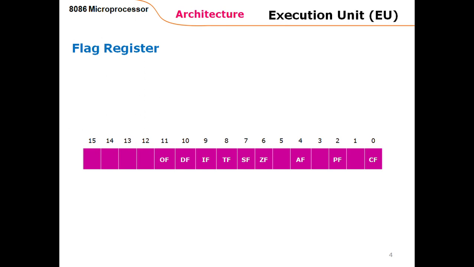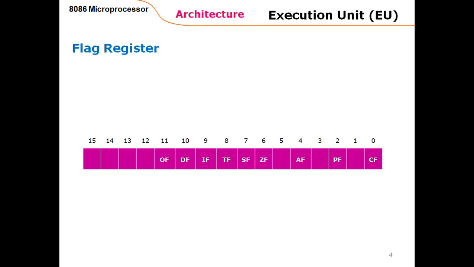Apart from other registers, the flag register stores the condition of the microprocessor. During arithmetic and logic operations, certain flags are affected and their values are recorded in the flag register.